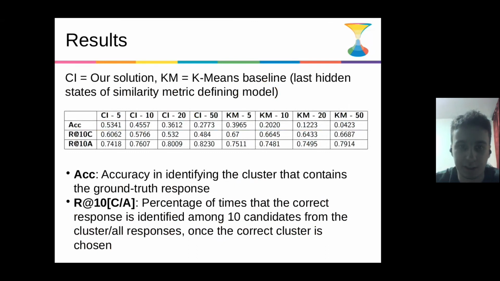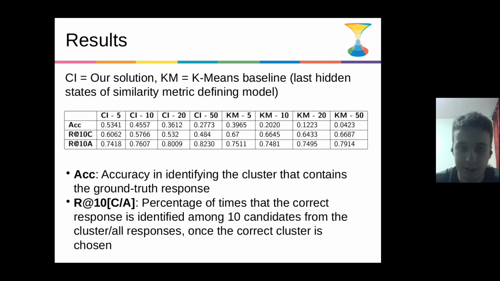Accuracy denotes the accuracy in identifying the cluster that contains the ground truth response, whereas R at 10C denotes the recall at 10 within the cluster, which means the percentage of times that the correct response is identified among the 10 responses from the same cluster once the correct cluster is chosen.